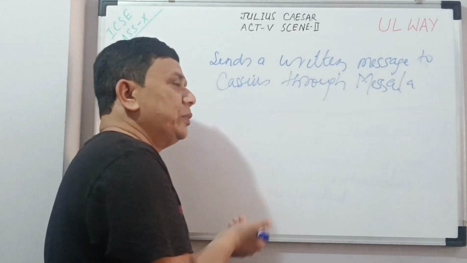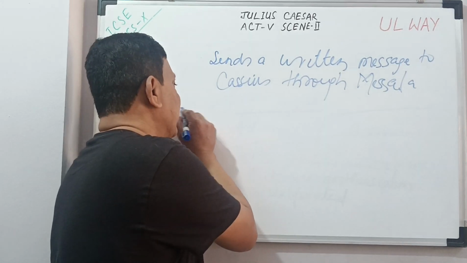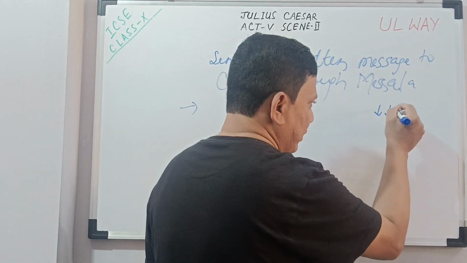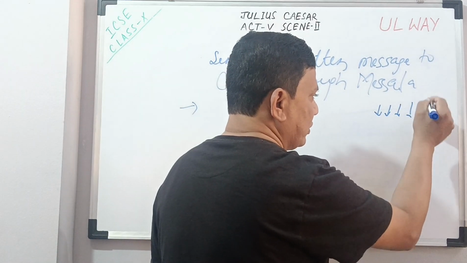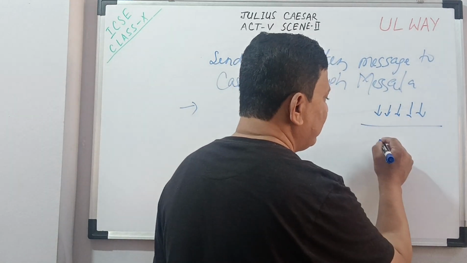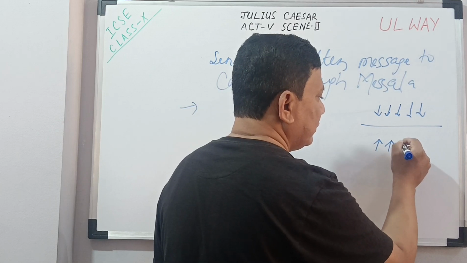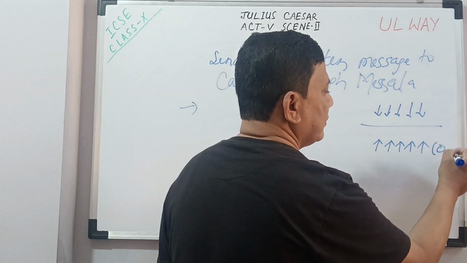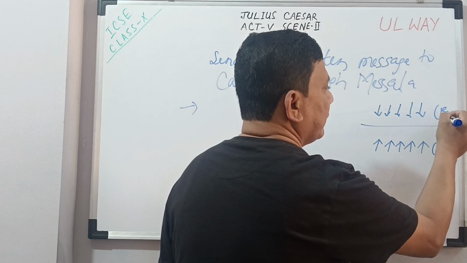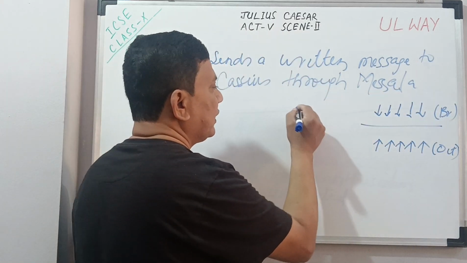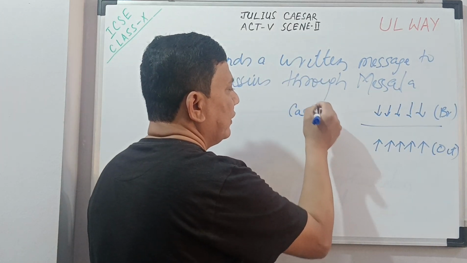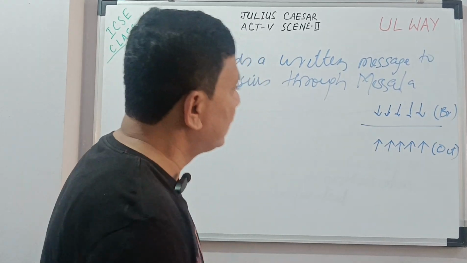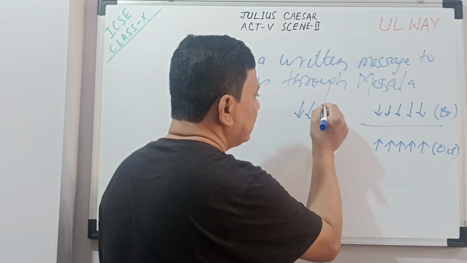So how did it turn out to be a strategical error, how was it a tactical blunder? See, this is the army of Brutus, and this is the wing of Octavius. This is Cassius, and this is Cassius's wing.